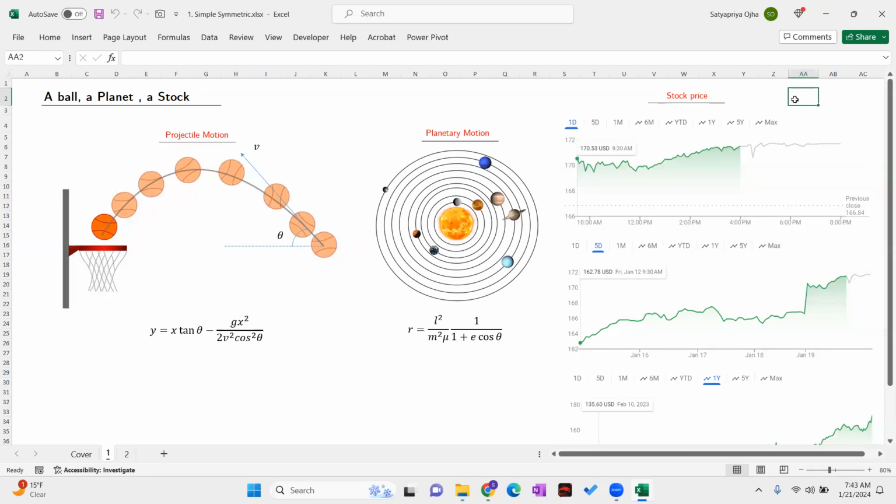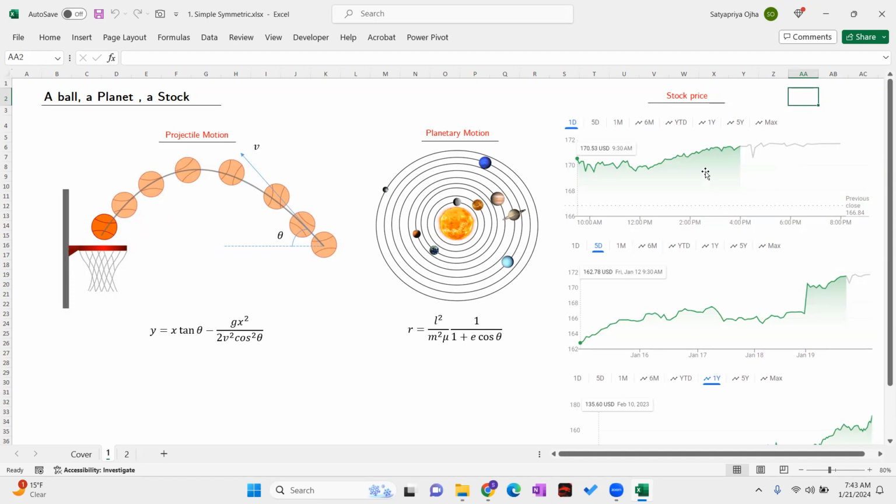Modeling means you specify a distribution. Don't tell me exactly where the stock price is. That is fine. At least you give me a distribution so that I know, okay, this is the mean, this is the variance, this is how uncertain it will be, and on average, where it will land, right? At least give me a distribution. So when you specify the dynamics using a distribution, it's called modeling.